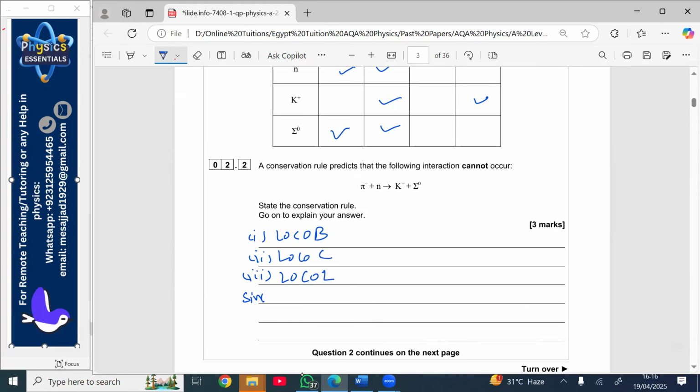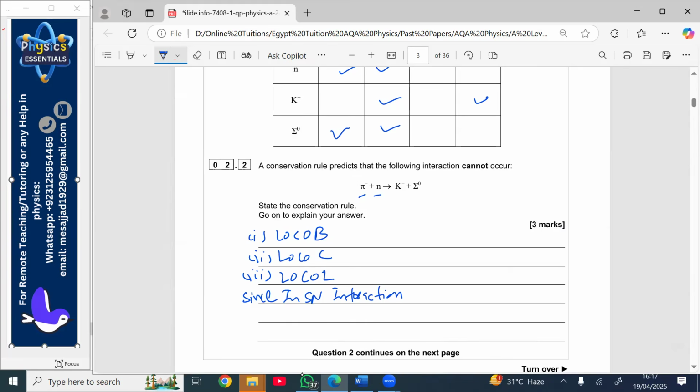And since you can see that it has a meson and a baryon, and mesons and baryons both are hadrons, whenever you have hadrons in an interaction, it is a strong nuclear interaction. And in strong nuclear interaction, strangeness is also conserved. Not in weak interaction.